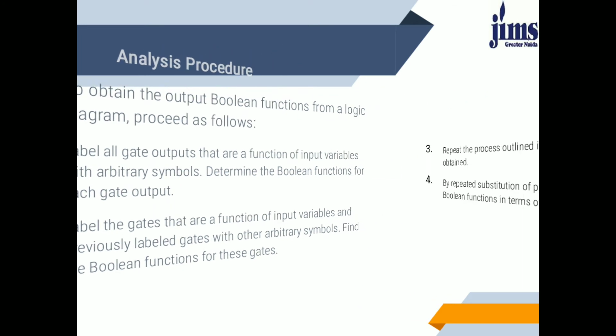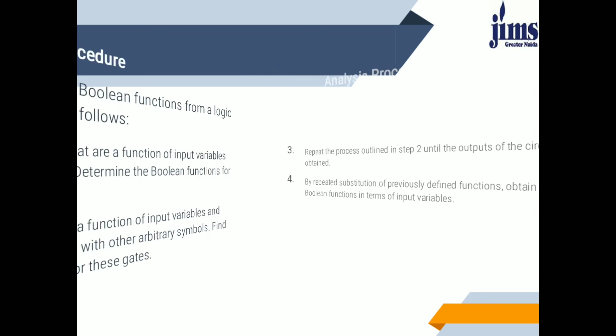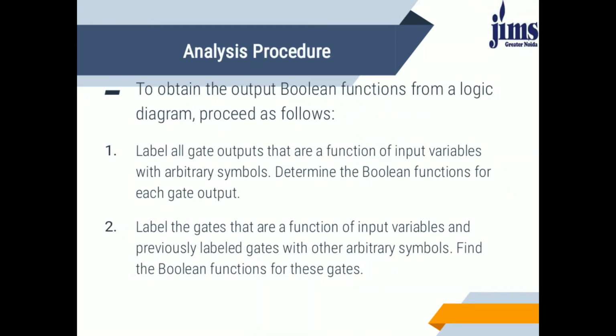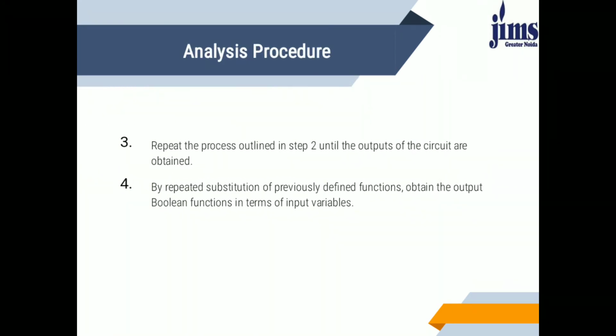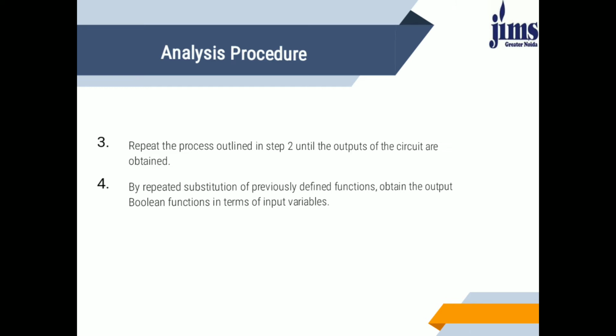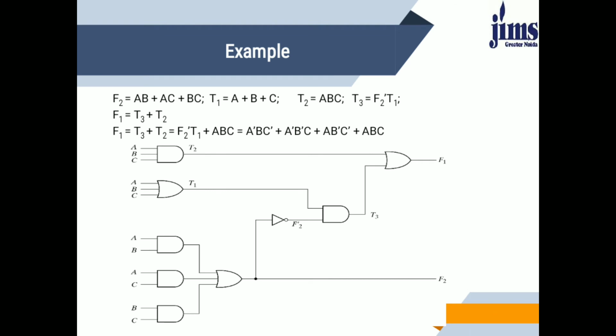Now, label the gates that are a function of input variables and previously labeled gates with other arbitrary symbols, so you can find the Boolean function for these gates. Repeat the process until the outputs of the circuit are obtained. By repeated substitution of previously defined functions, obtain the output Boolean function in terms of input variables. Let's take an example.